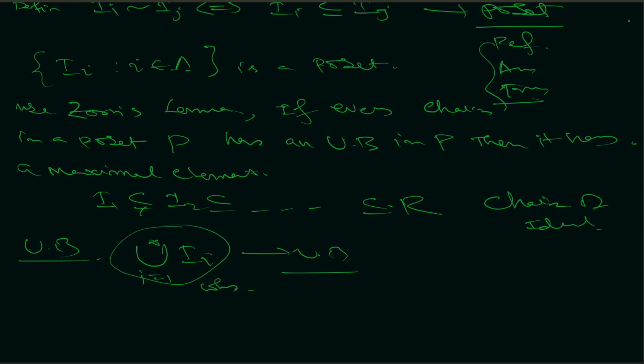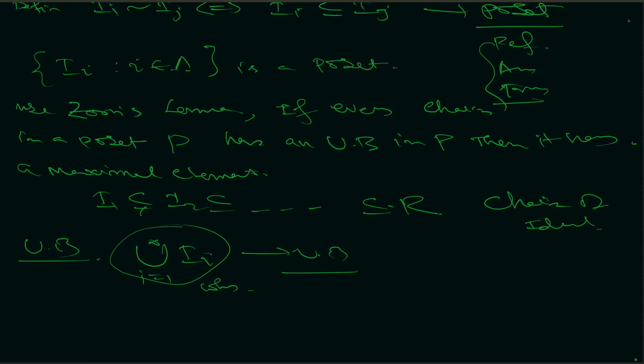Why? Because this is a proper ideal. If it is not proper, then, because it is contained in I1, I2 is contained in some Ik, if this Ik is equal to R, then it will not be a proper ideal. That will not be a maximal ideal, right? So it has a maximal element.